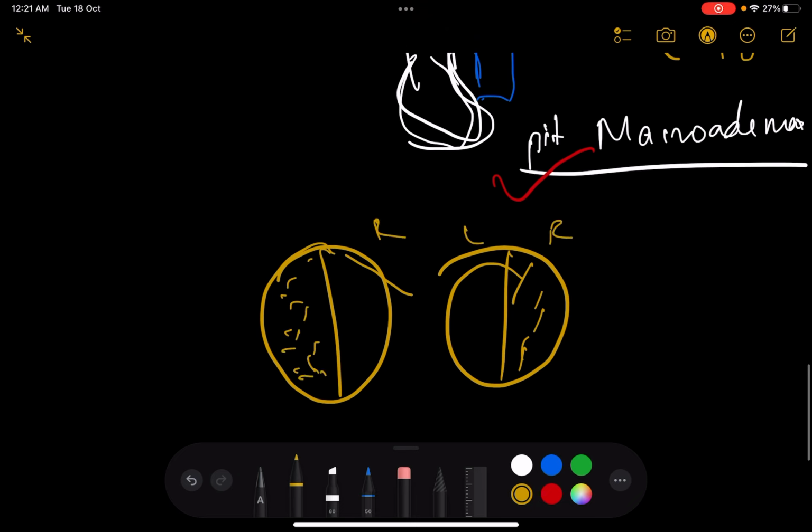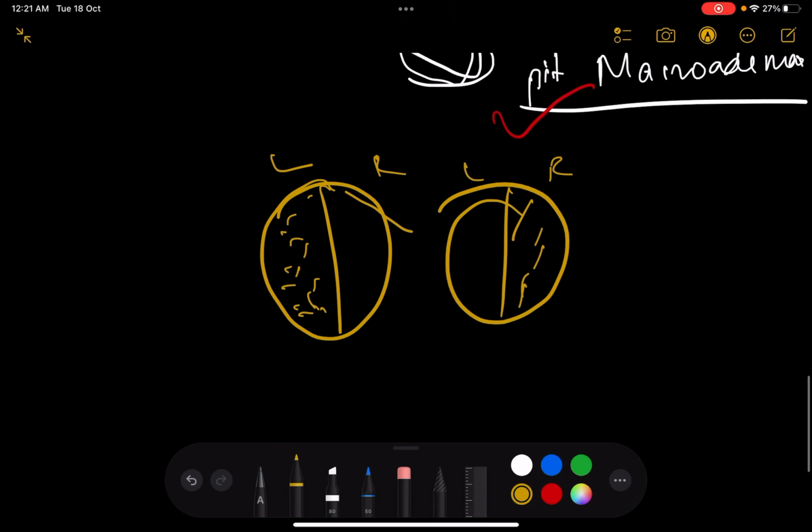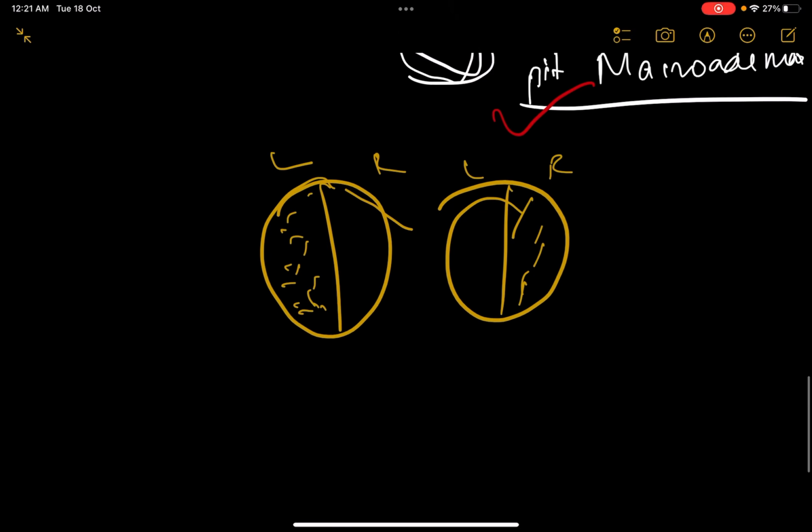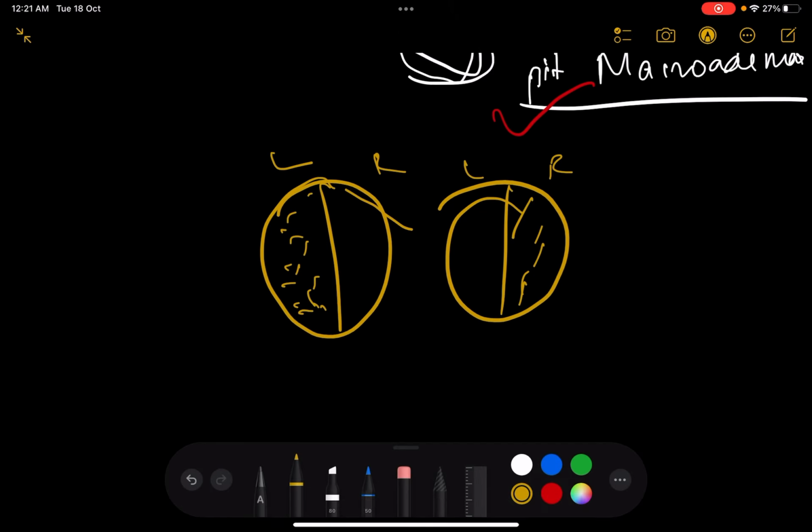Right, left, right, left. So that would make it a temporal heteronymous hemianopia. Heteronymous because right and left is different. But now I'm just saying that the inferior fibers are affected. That means that the superior visual field is affected. That means that the lower part is completely gone.